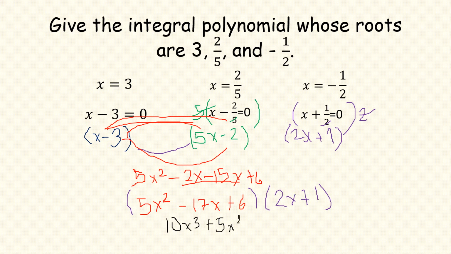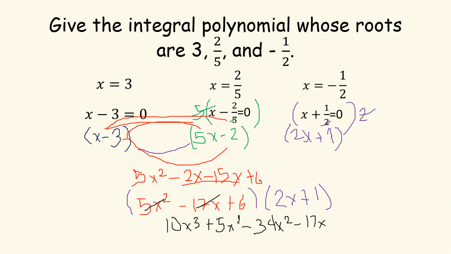So, natapos na tayo sa ating 5x squared. Then, dito tayo sa 17x. Negative 17x times positive 2x magiging negative 34x squared. Next, negative 17x times 1 will give us negative 17x. So, natapos na tayo doon.